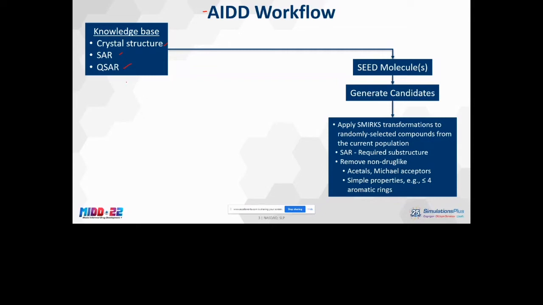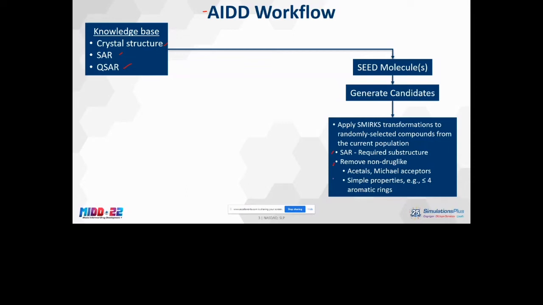Once a compound is created via the SMIRKS string, it checks a scaffold query, and the compound has to meet the scaffold query or the required substructure. And this is where you introduce SAR. If it doesn't meet this substructure, then it has to generate another compound.